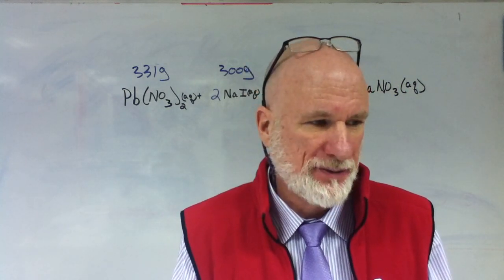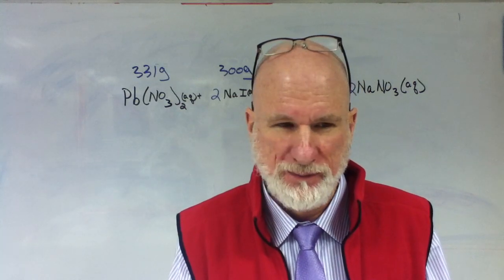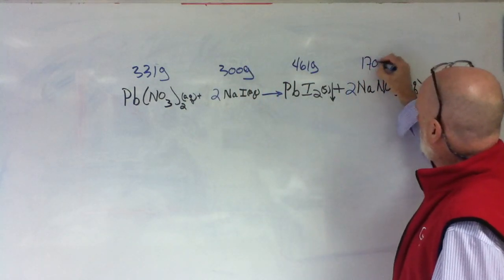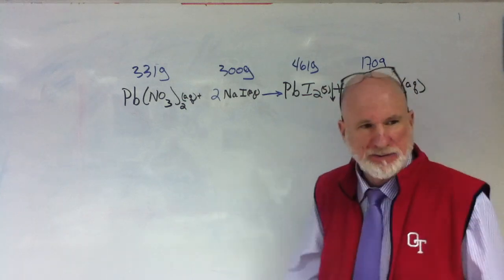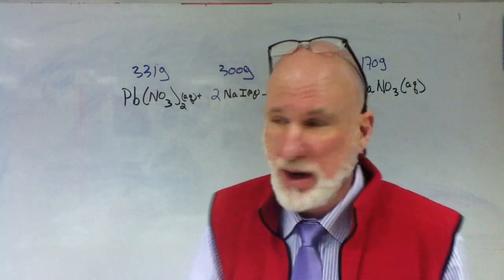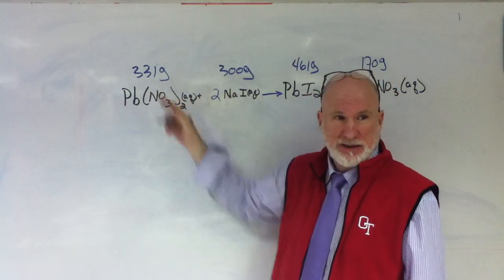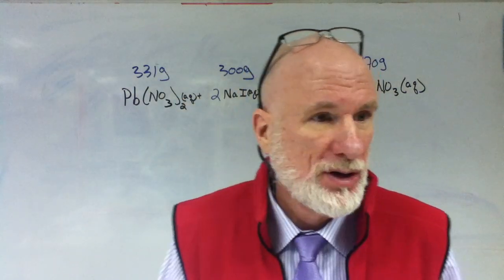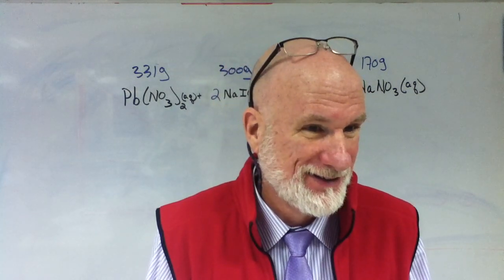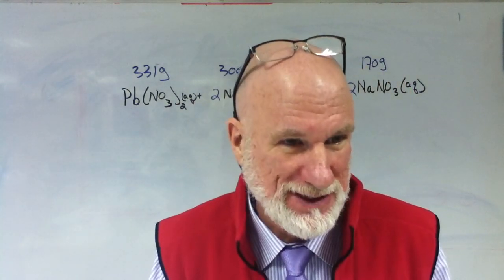And what's 85 times 2? 170. All right. Now let's see if we're right. What's 170 plus 461? 631. And by inspection, 300 plus 331 is what? 631. So we're right. We hope. Unless we made more than one mistake, right?